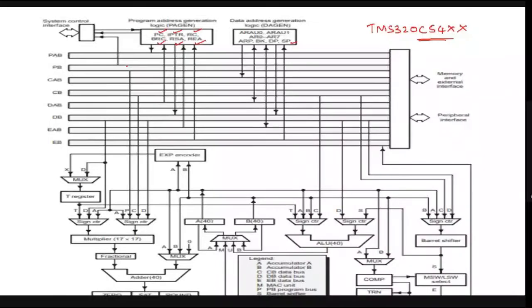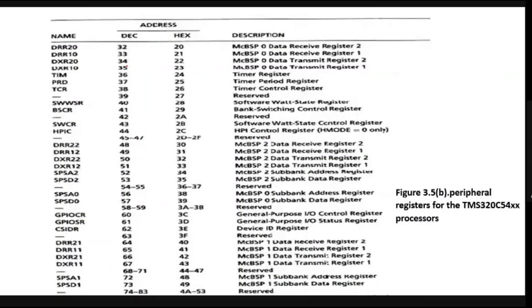After this architectural block diagram, we also have certain peripheral registers. We don't use them much, but for your understanding I'm telling all those things. In these memory peripheral registers for the TMS320C54XX processor, we have a concept called timers.